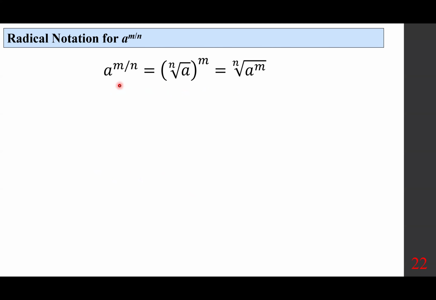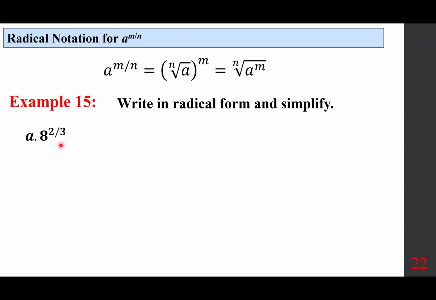A to the power of m over n is the nth root of a to the power of m, or the nth root of a, to the power of m. It is easier to go with this format because if you raise it to the power of m first, it becomes larger and it becomes difficult to deal with. So for example, a to the power of 2/3, we are going to go with this.